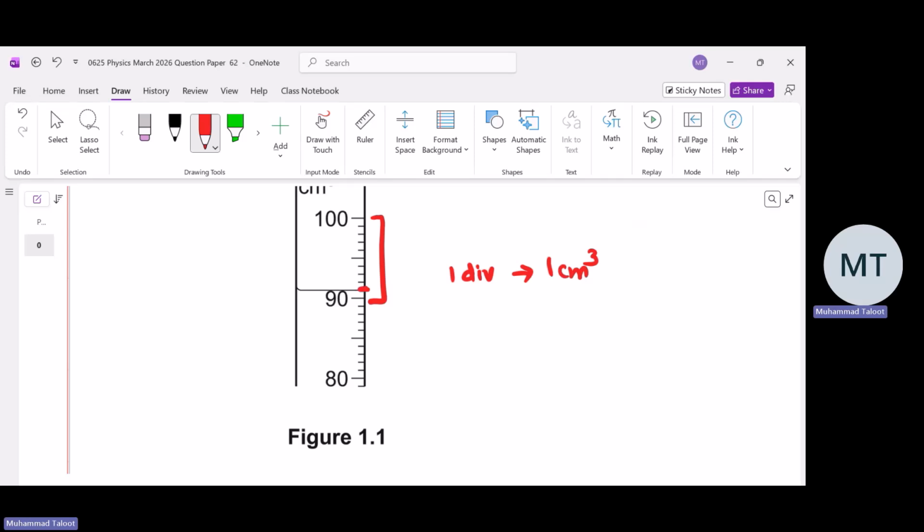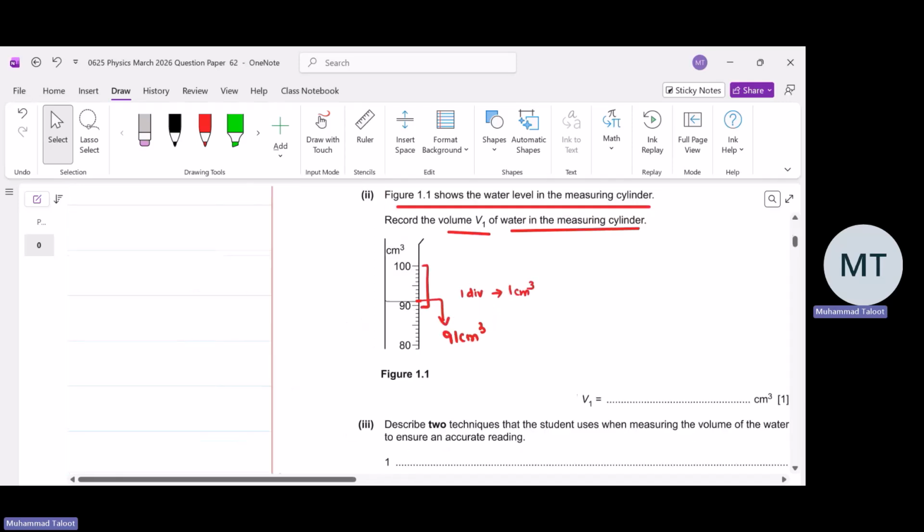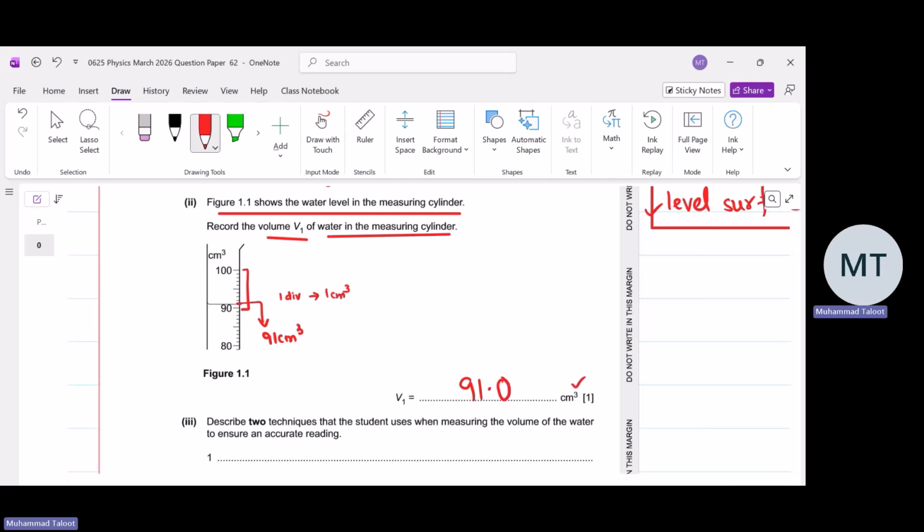So this point will be representing 91 centimeter cube. So be careful regarding the values. So I will be writing 91.0 centimeter cube. Here it is already given.